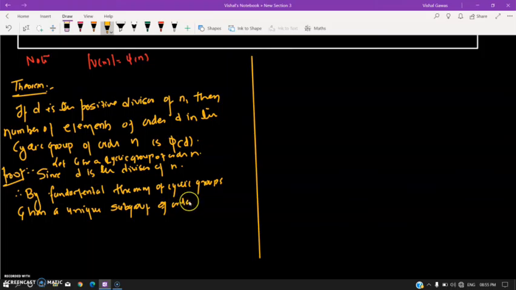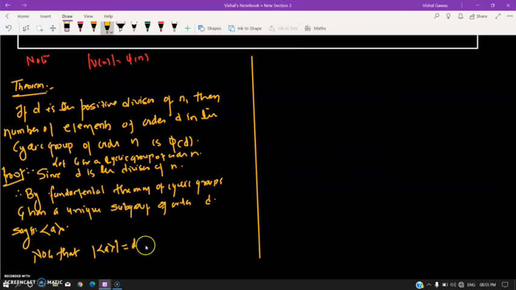G has a unique subgroup of order d, isn't it? Say H equal to the subgroup generated by a. Note that the order of the subgroup is also equal to d.